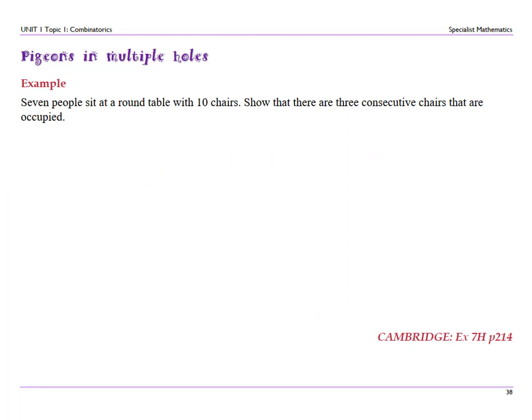What about pigeons in multiple holes? So 7 people sit at a round table with 10 chairs. Show that there are 3 consecutive chairs that are occupied.